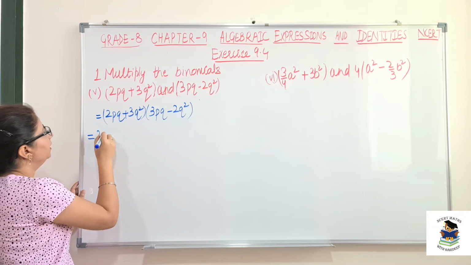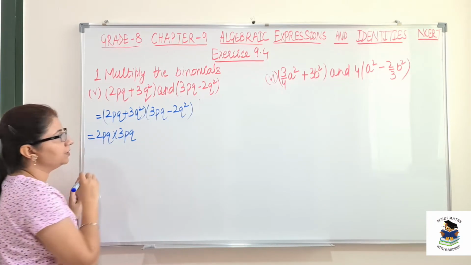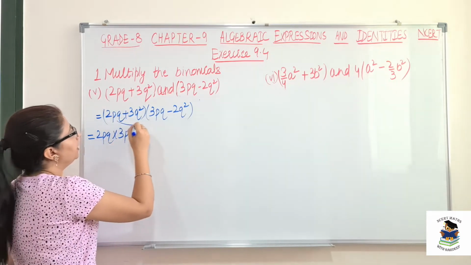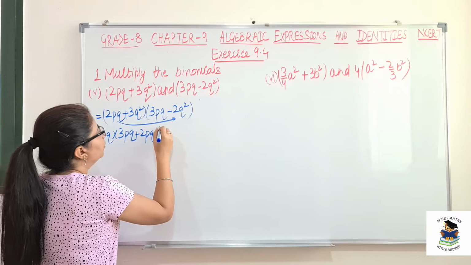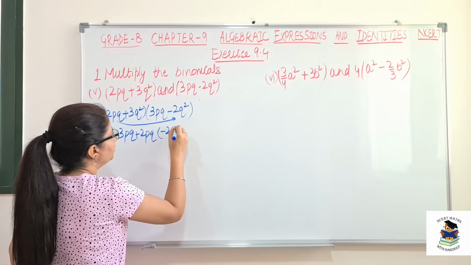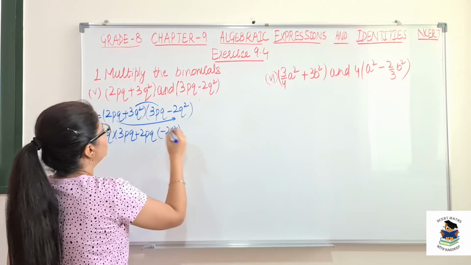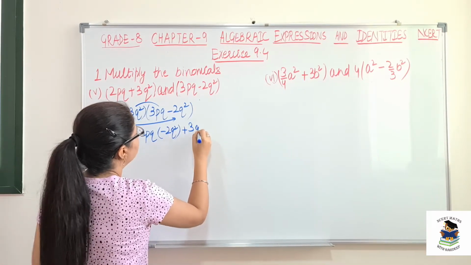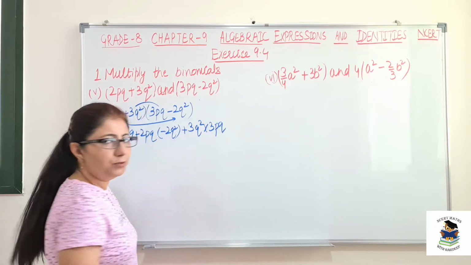So let's see, 2pq into 3pq. This is my first part. Now again 2pq with minus 2q square. Okay, so third is this, that is 3q square multiplied by 3pq.